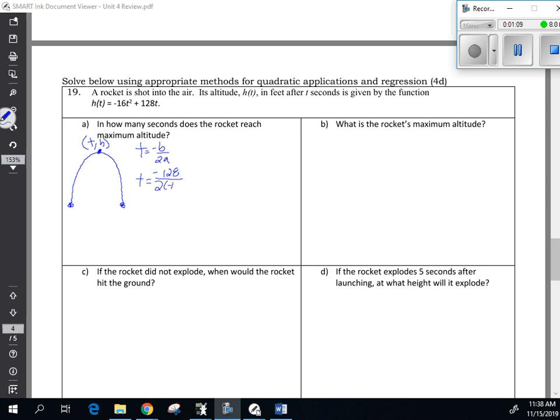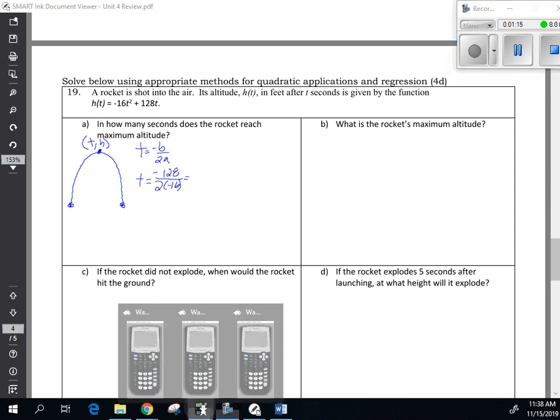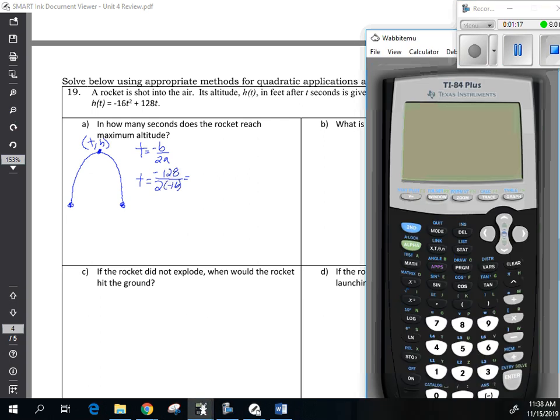all over 2 times negative 16, which, be really careful when you're putting this in your calculator. I'll show you really quickly.